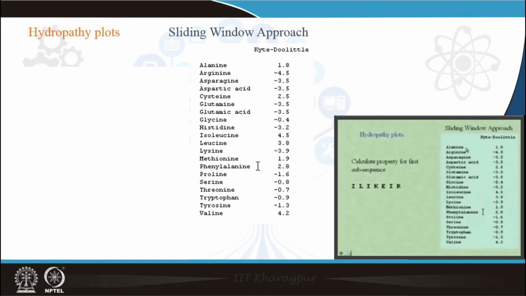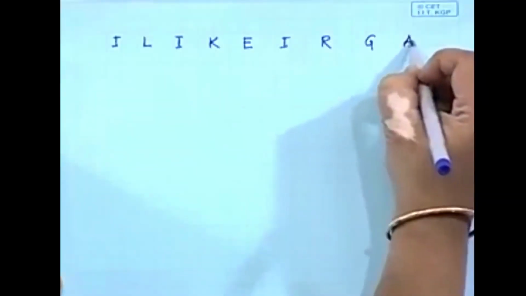So, I have a specific sequence that I have here. I now take the values for these amino acid residues and take the average of them. Okay? So, let's just put another amino acid here, say Gly and Ala.